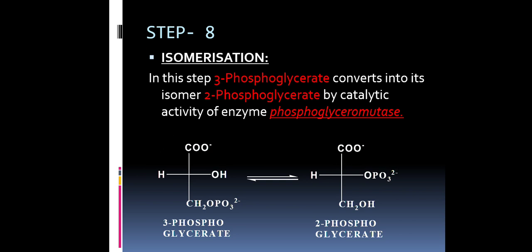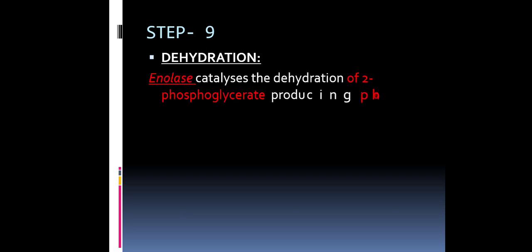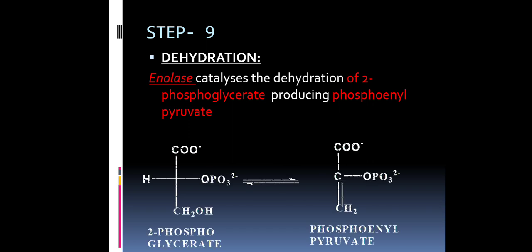Once the 2-phosphoglycerate forms, then the dehydration of 2-phosphoglycerate takes place. Okay, by dehydration, what do we mean? Dehydration means removal of water. So we remove water from 2-phosphoglycerate by using a catalyst, which is nothing but enolase. The enolase catalyzes the dehydration of 2-phosphoglycerate, producing phosphoenolpyruvate.